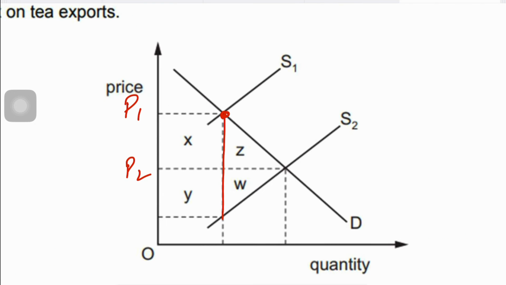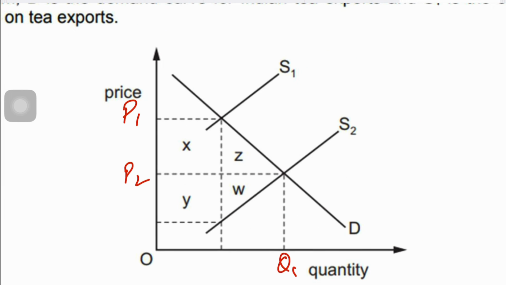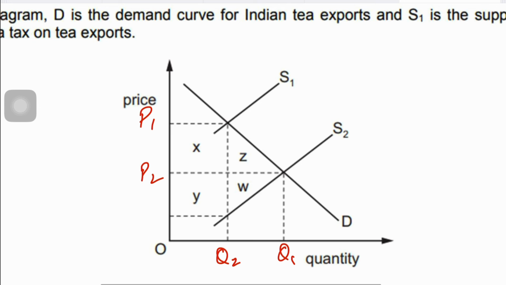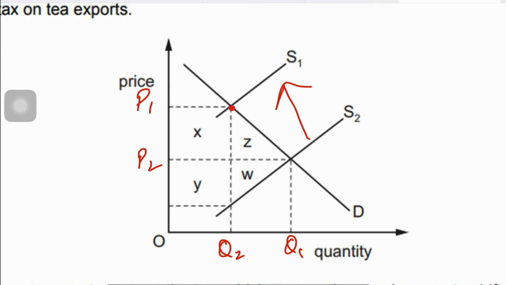If this is your new quantity after the tax is removed, and this was your original quantity, your quantity moves in the opposite direction. When a tax is imposed, the quantity goes down from Q1 to Q2. In that case, the tax revenue would be this vertical distance, which represents the tax per unit, times the quantity, which is OQ2.